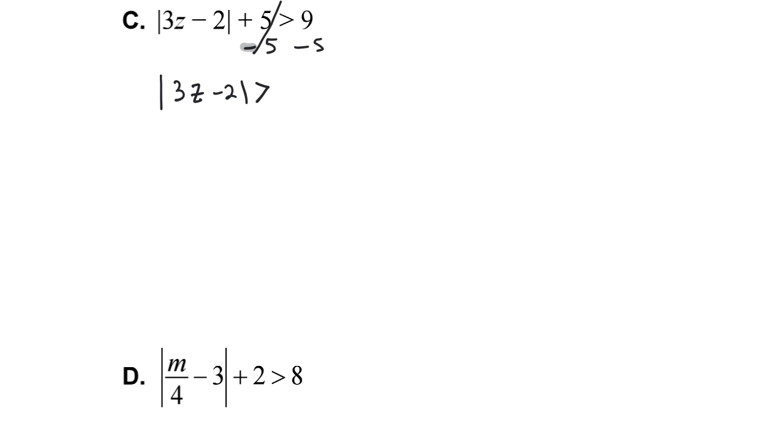Greater than 9 minus 5 is 4. That is the form that we wanted. So it's going to be 3z minus 2 is greater than 4. And when you say the word greater, you hear or. 3z minus 2 less than negative 4.